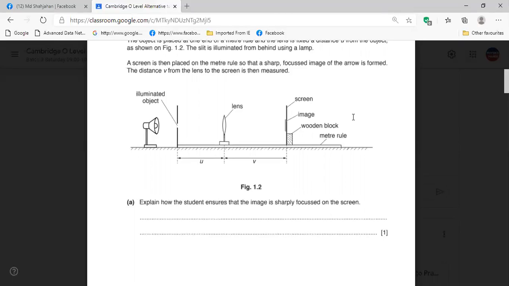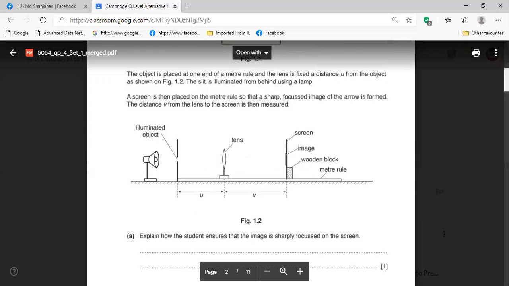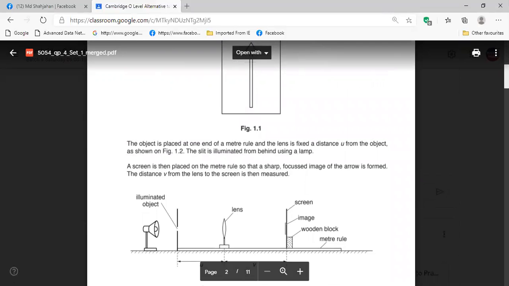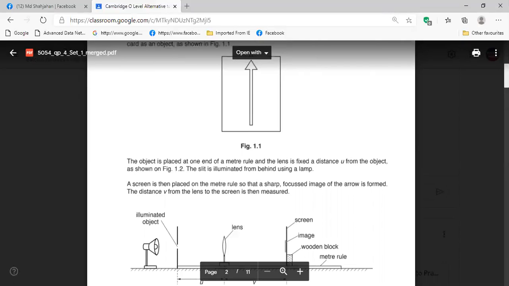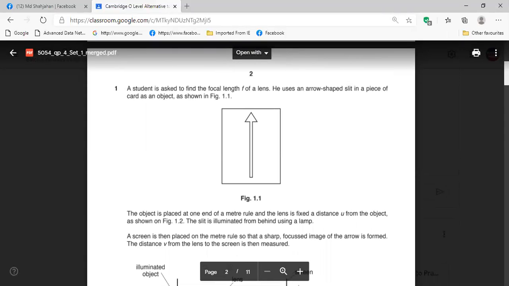Lens is fixed somewhere. That's why you cannot move it. And the object is also fixed, placed at one end. Okay. So you cannot move it. The lens you cannot move from there. That way it is fixed.